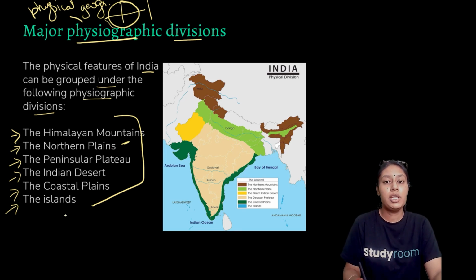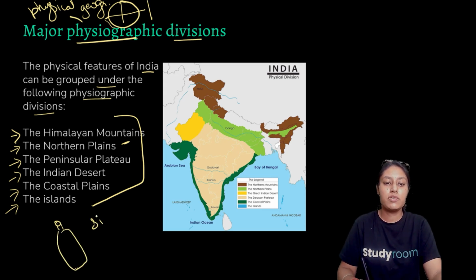So if I have to make it easy for you, what is a physiographic detail? Let's take an example of a bottle. Supposedly if this is a bottle, what is the size of this bottle? How long the bottle is? What is the length of it? What is the breadth of it?